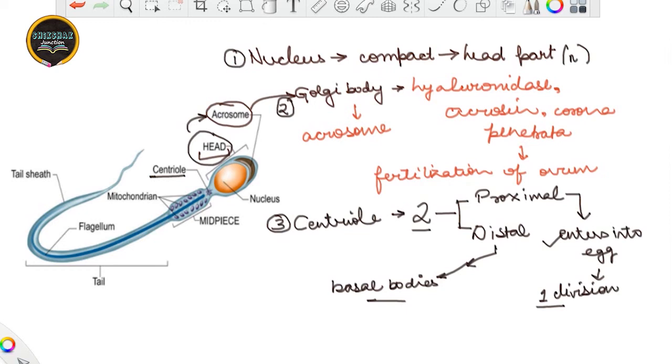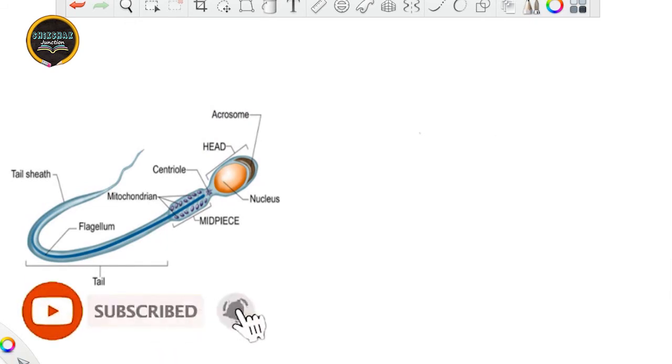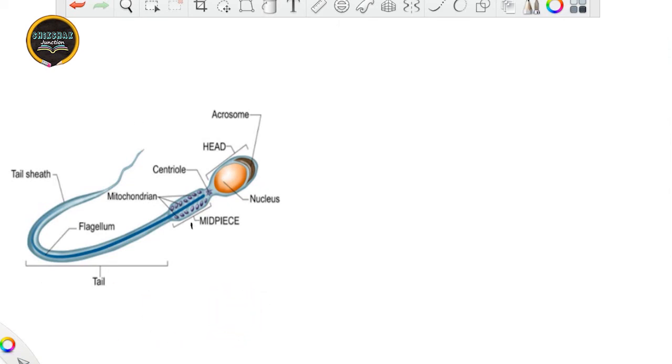Now moving on further to the fourth part. After the centriole portion, just look at the figure, we have this mid piece, and this is actually the fourth number in continuation with the previous thing.